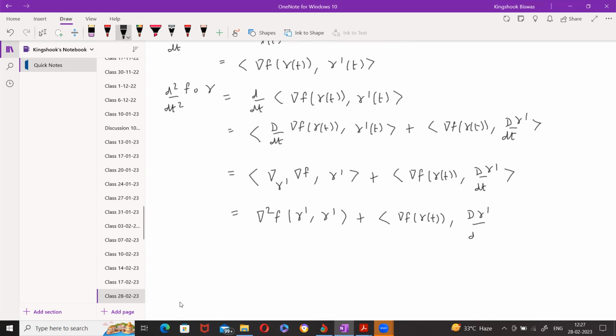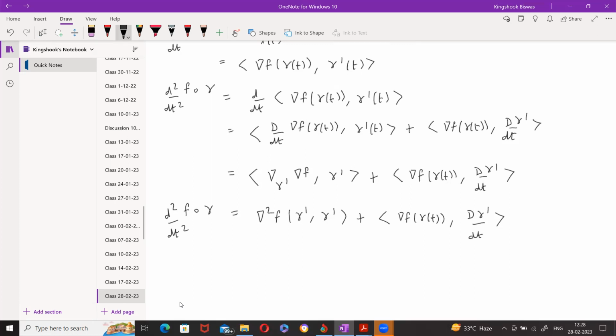So we get this formula for the second derivative of a function along a curve, right? So d squared dt squared of f composed gamma is the Hessian acting on gamma prime, plus a term coming from the covariant derivative of the curve.